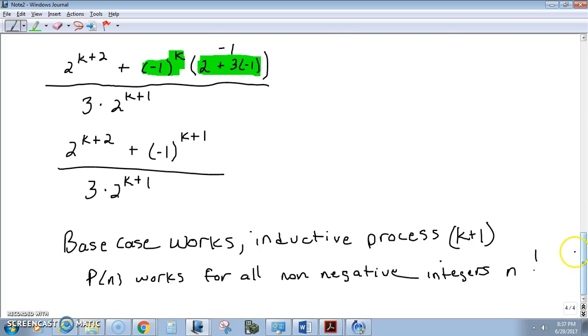Yay! Oops, I meant that as an exclamation point and it looks like a factorial.